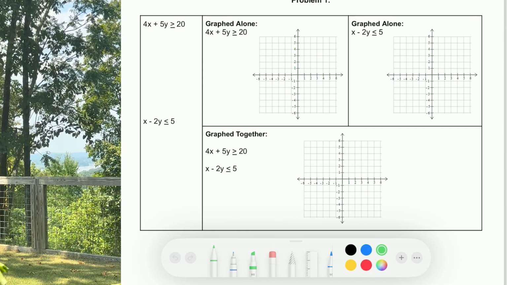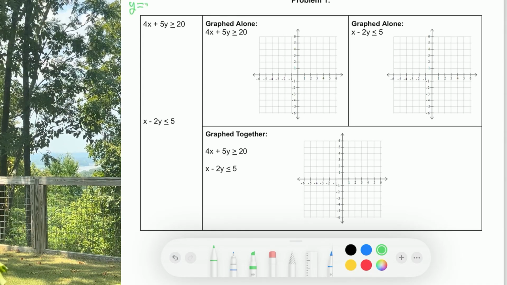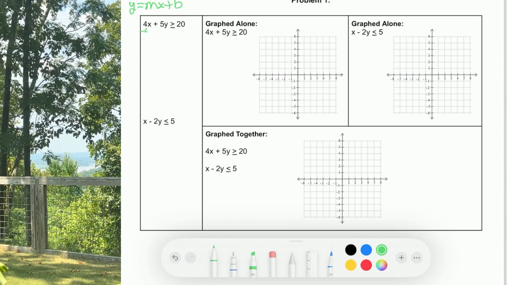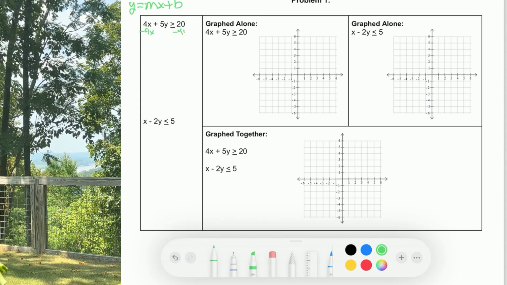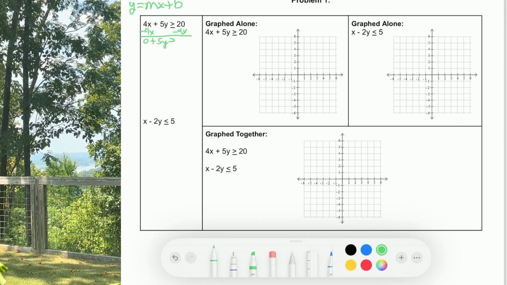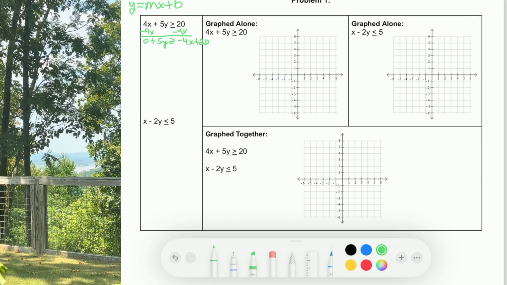So the first thing I need to do is get all of my equations into the y equals mx plus b form. So I'm going to subtract 4x here. I get 0 plus 5y is greater than or equal to negative 4x plus 20. Rewrite that.